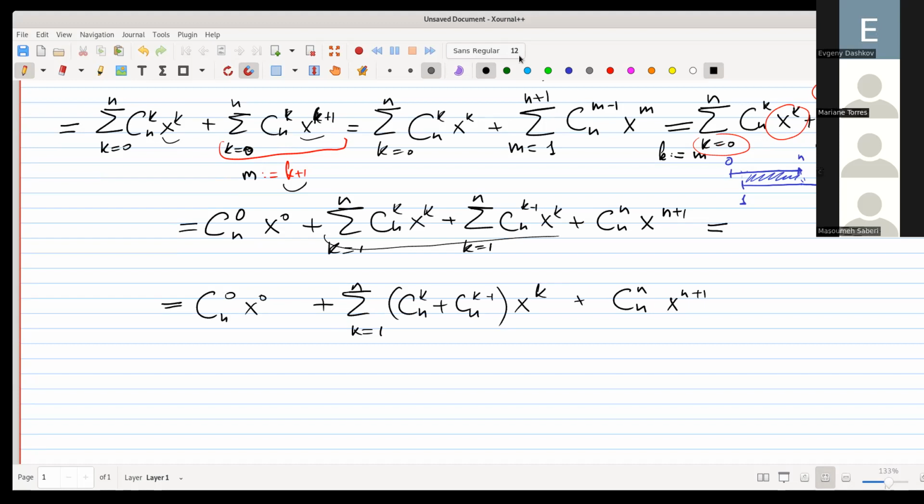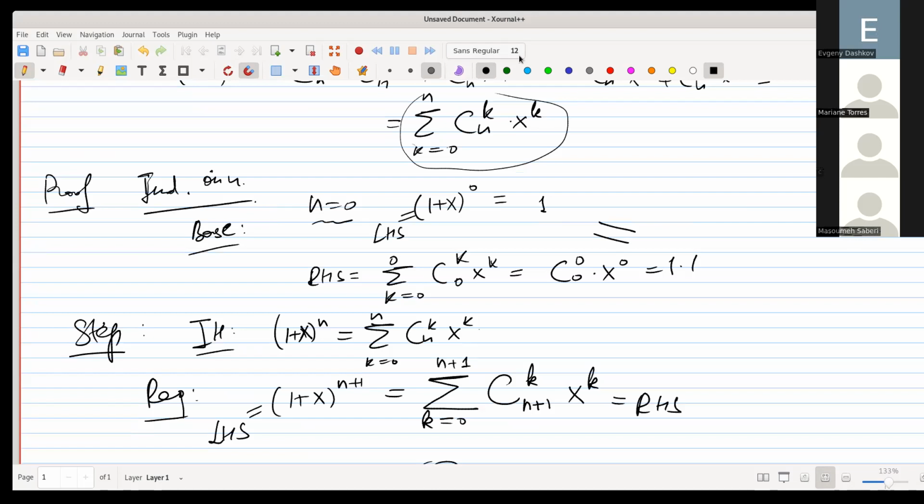What is our next step? You use the Pascal identity to rewrite. Exactly. Here we have n choose k plus n choose k minus 1.